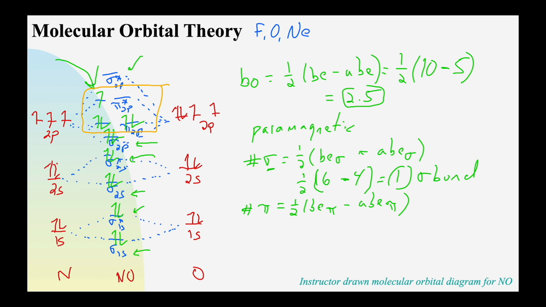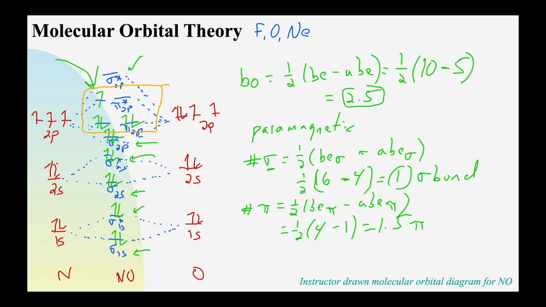For this molecule, it would be 1/2 the bonding electrons that are pi, the 4 on the bottom, minus the 1 anti-bonding up there. 4 minus 1 is 3, 3 divided by 2, 1.5 pi bonds.